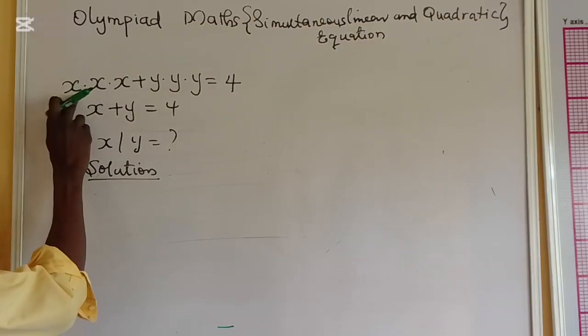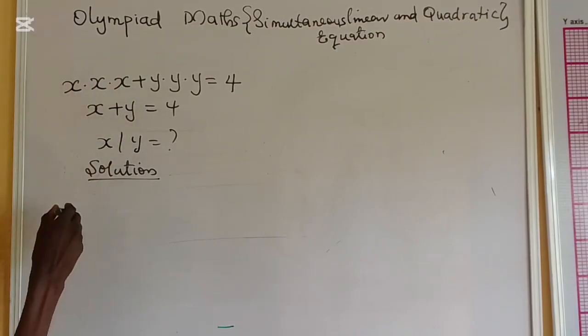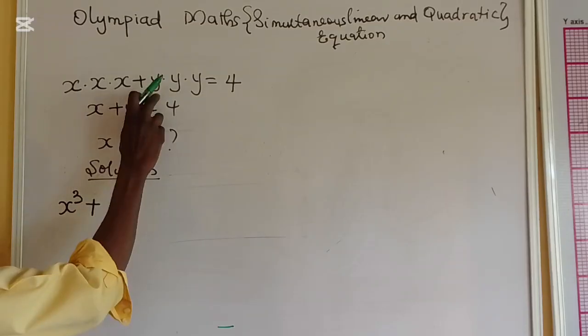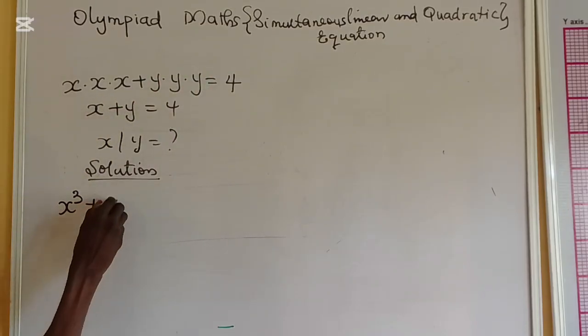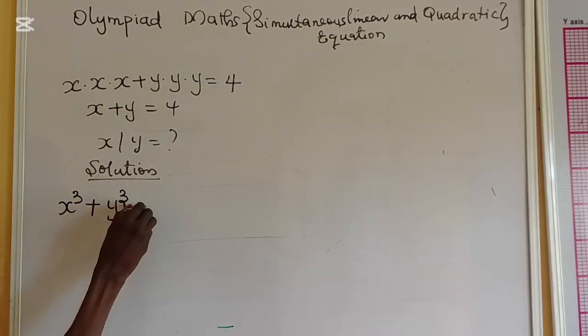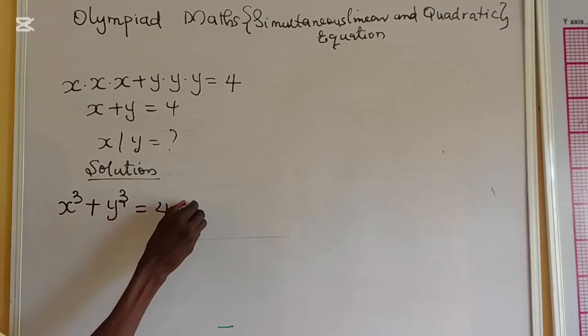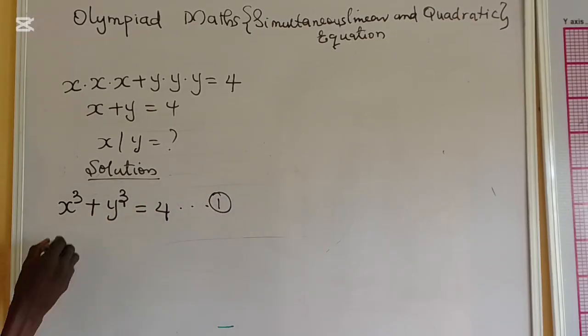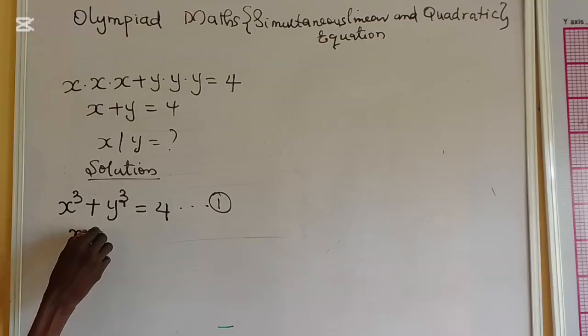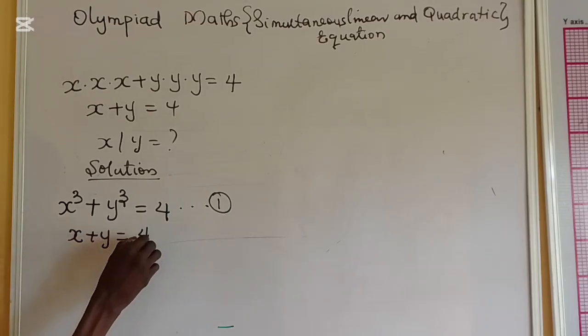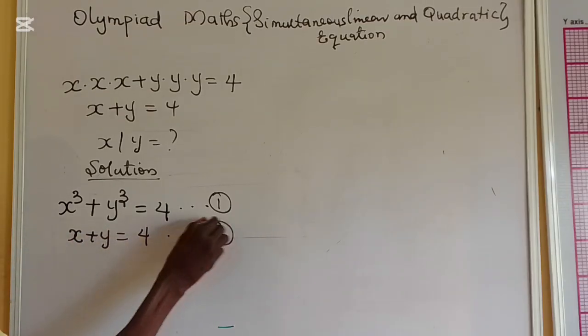Solution: x times x times x gives us x raised to the power of 3. y times y times y gives us y raised to the power of 3, is equal to 4. I will call this equation 1. Then x plus y is equal to 4. I will call this equation 2.